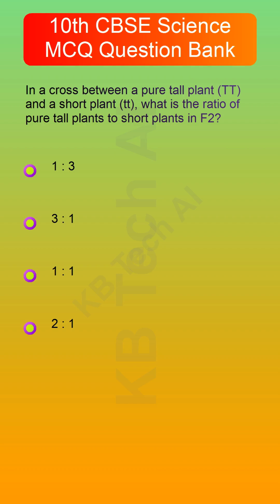In a cross between a pure tall plant, TT, and a short plant, tt, what is the ratio of pure tall plants to short plants in F2? Option 1, 1:3, Option 2, 3:1, Option 3, 1:1, Option 4, 2:1.